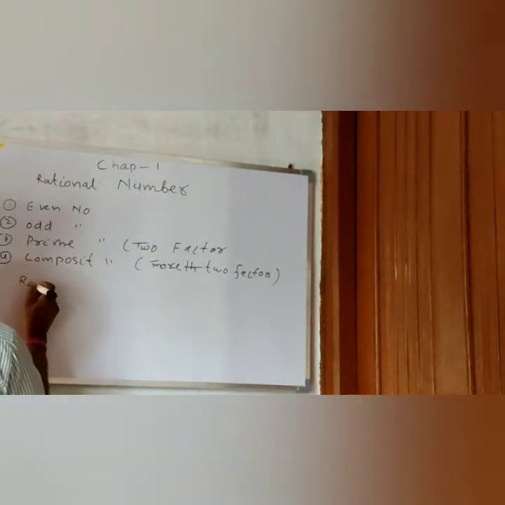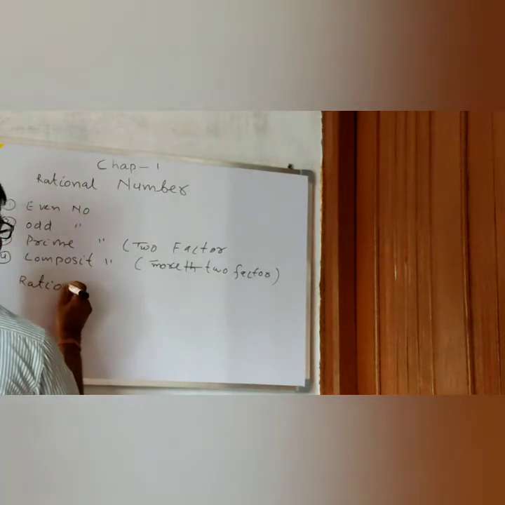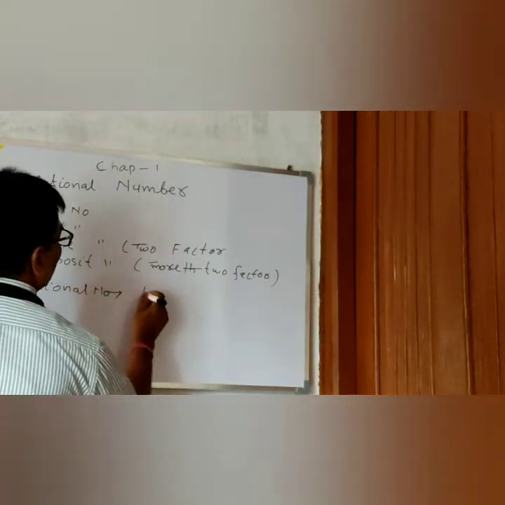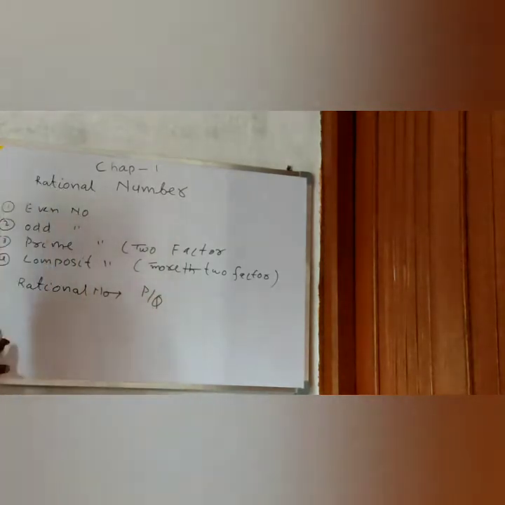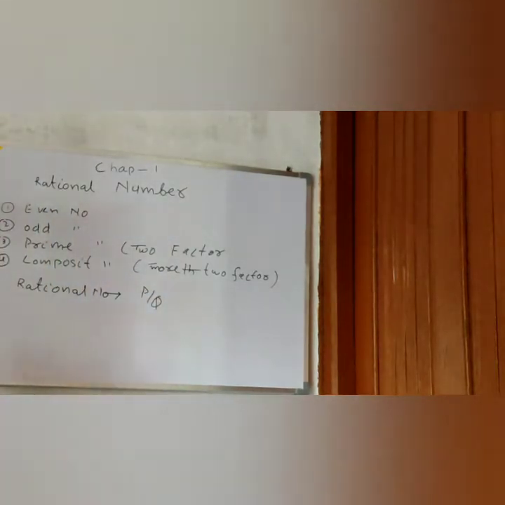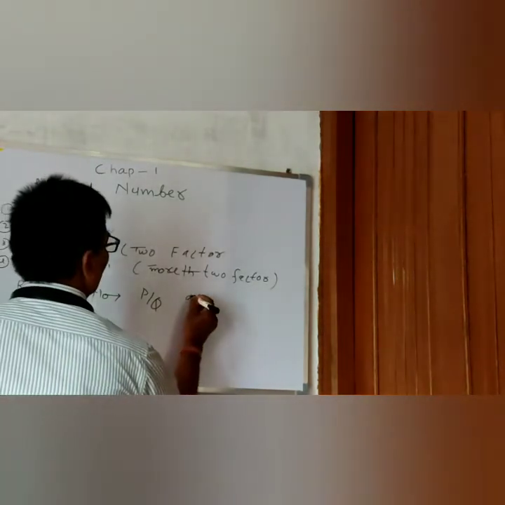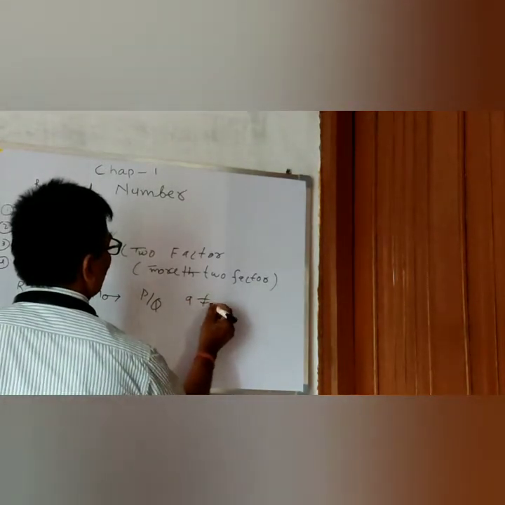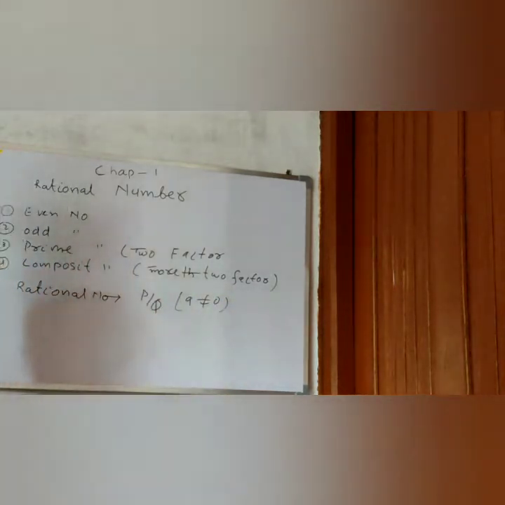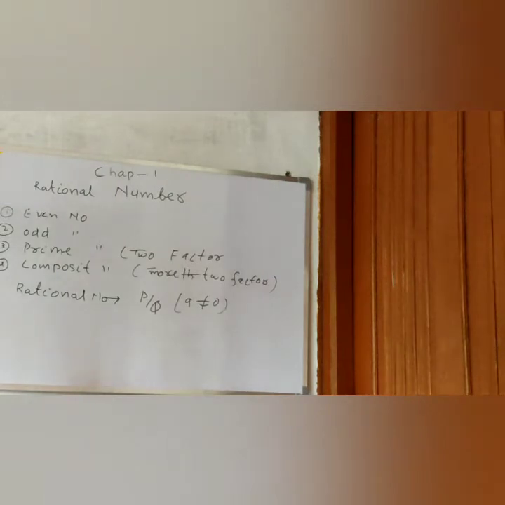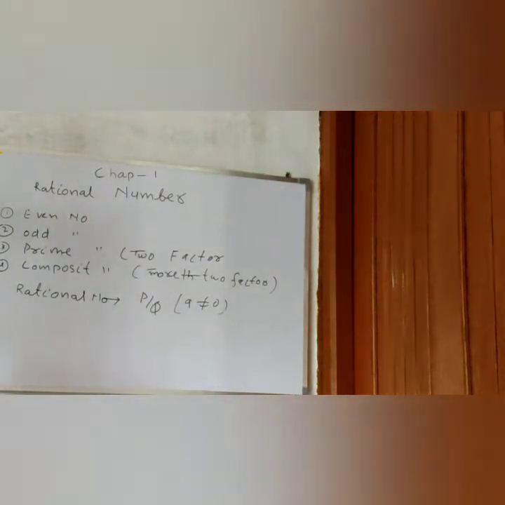First, a rational number is in the form of P by Q. Here P and Q are integers, but Q is not equal to 0. Some numbers are rational, but others are not.